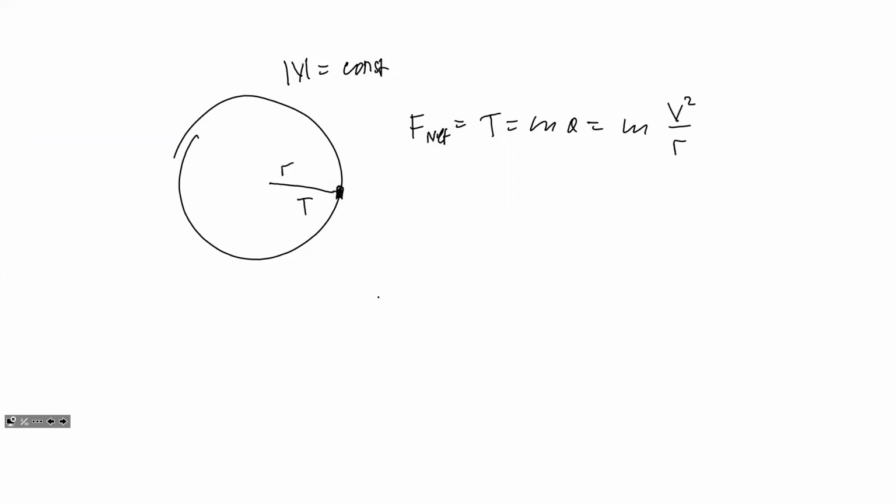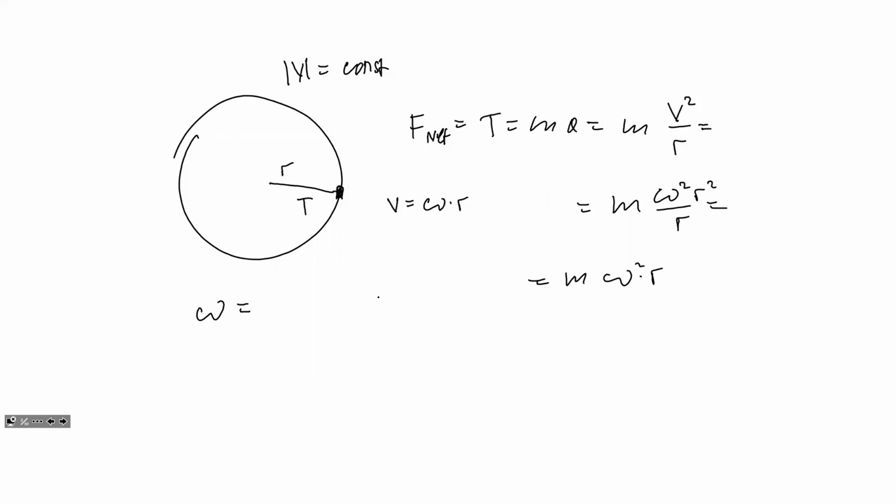And speed and the angular velocity omega are related. So we can continue calculation. Omega squared r squared over r, omega squared times r. Now, omega was equal to 3 revolutions in 2 seconds.